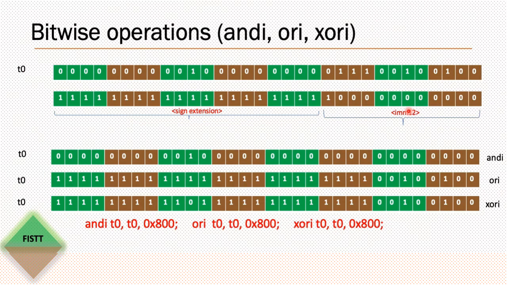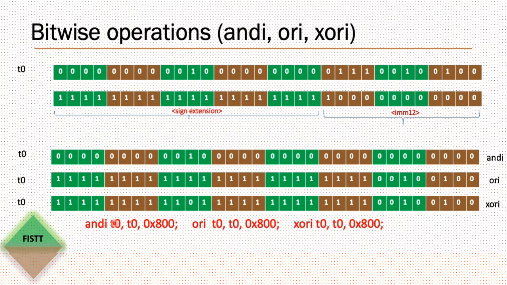Based on the input, it is converted into a 32-bit value by sign extension. If the most significant bit of the 12-bit input is 0, then all the upper bits would be 0, and if the MSB of the immediate value is 1, then they would be sign extended. Then, as before, the same AND, OR, and XOR operations are performed on each and every bit, and the results are stored.